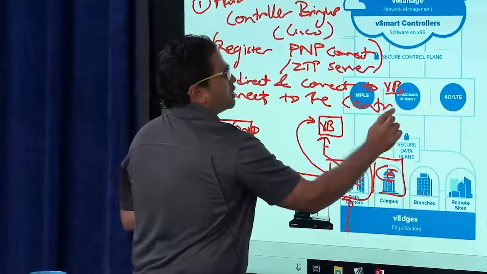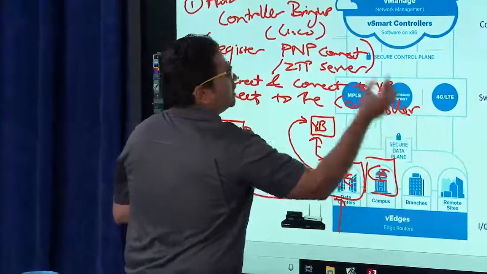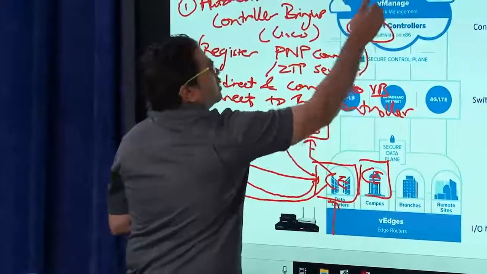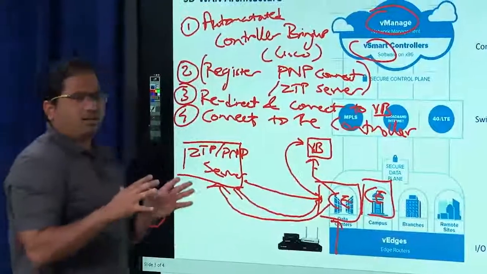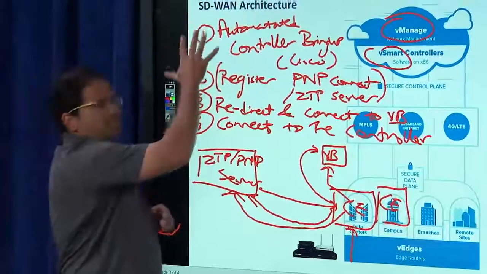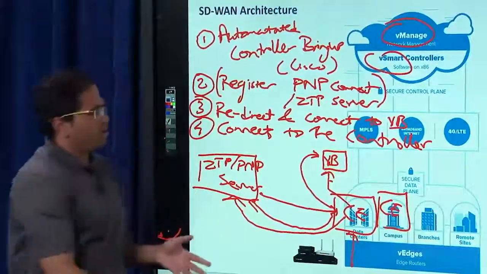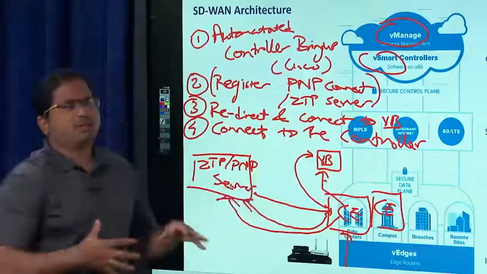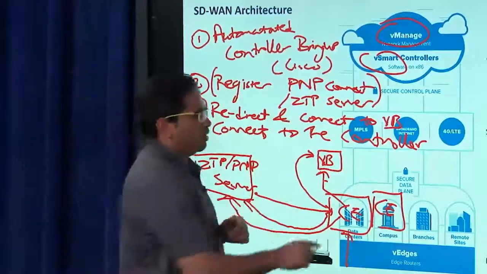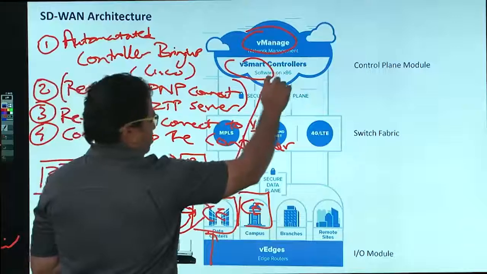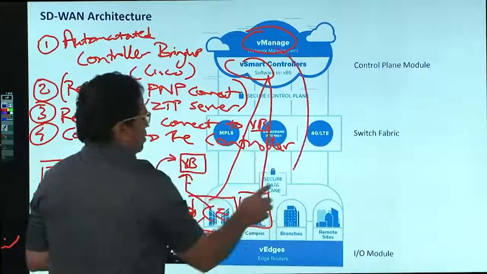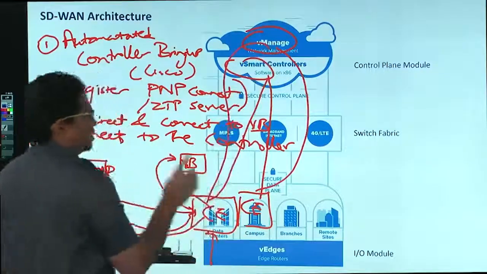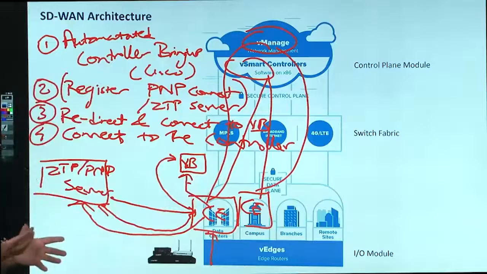And by controllers, I mean the vSmart and the vManage. So essentially, we have 4 steps to bring up the control plane. Now the edges can all talk to the controllers and the NMS platform.